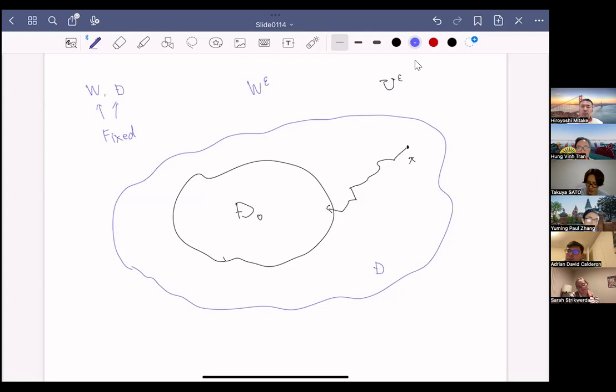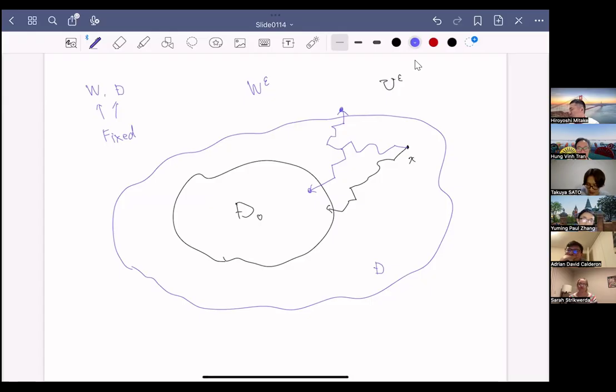The game W epsilon means player one can end this game by hitting D0, or player one can also end the game by exiting from D0, so player one has two choices of how to end this game.